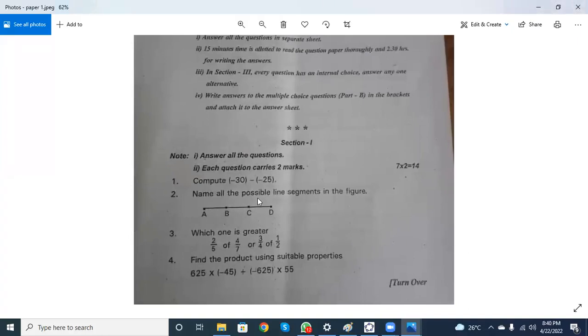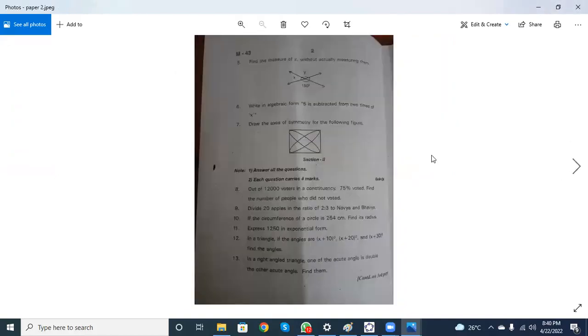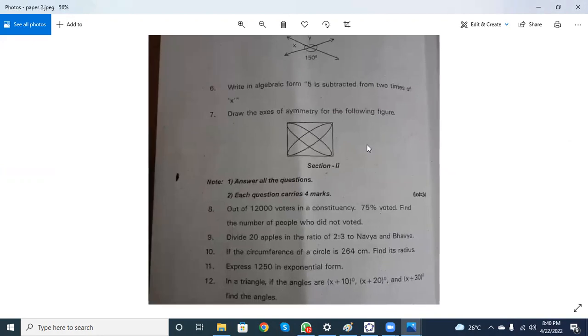So these are the first 4 questions which carry 2 marks. In this paper, page number 2.